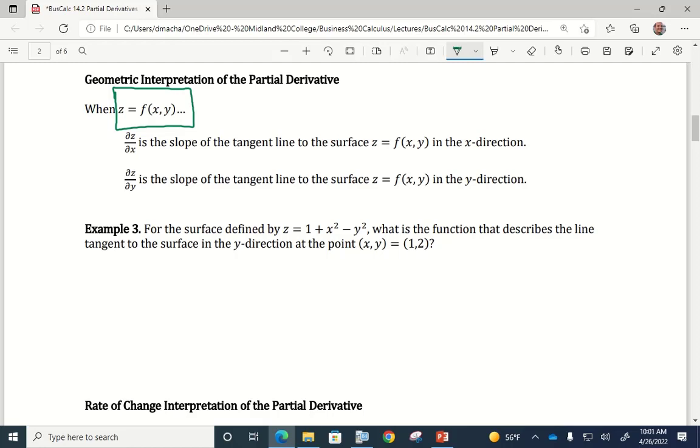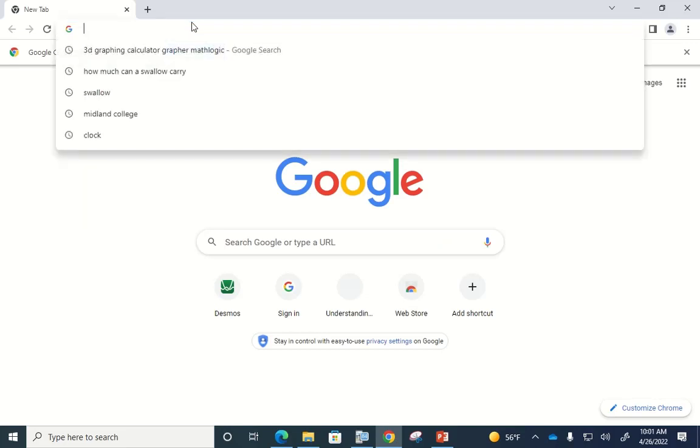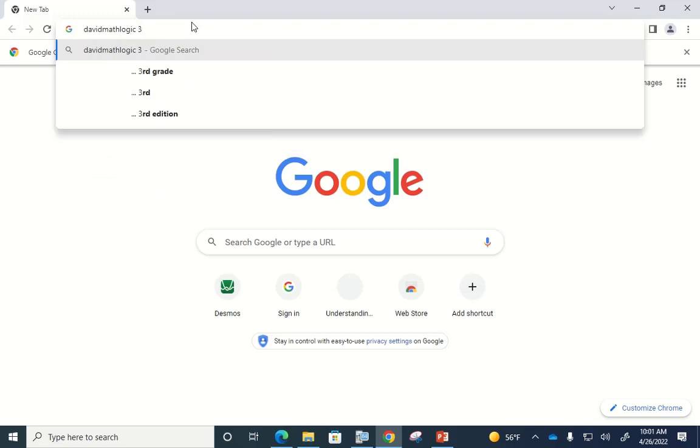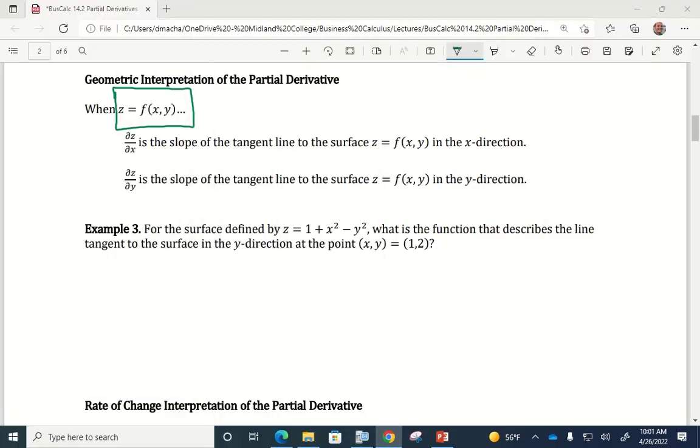Let me try to pull up a graph to try to illustrate this a little bit. Oh, this is actually working today.